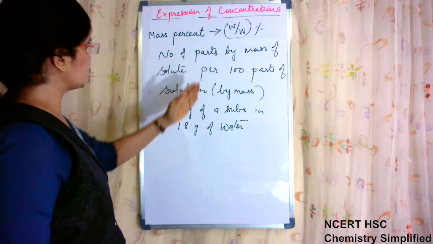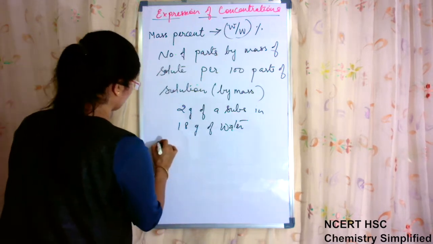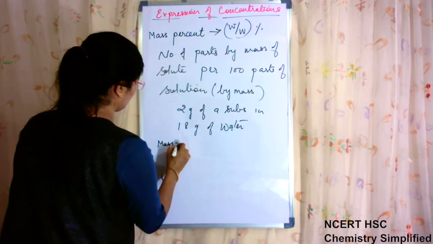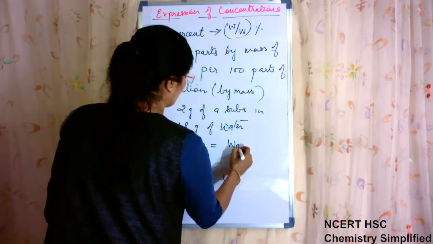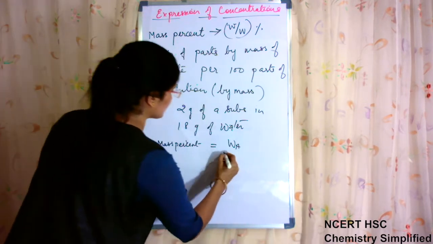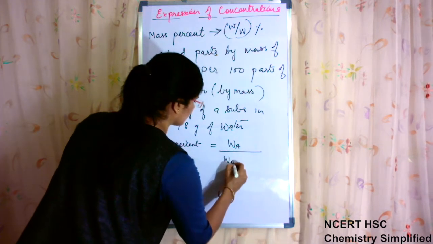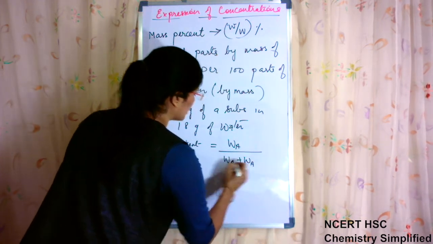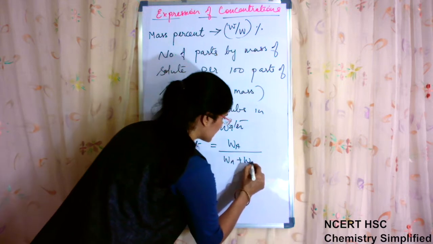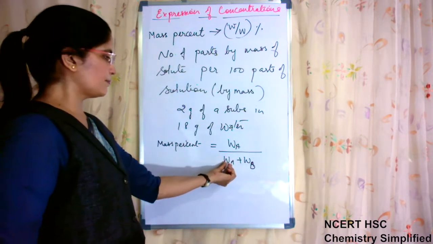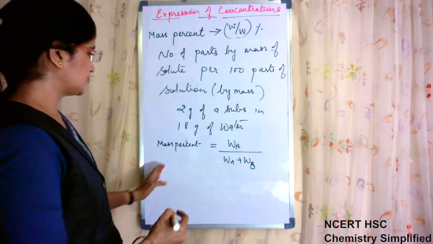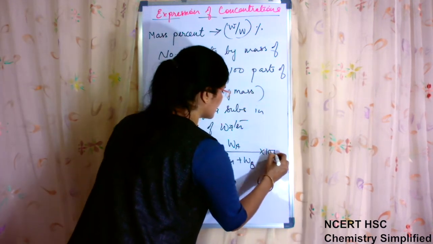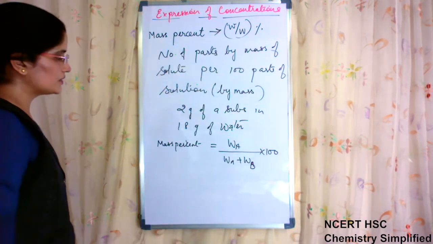Now according to it, mass percent, what we have to do: mass of one component divided by the total of the mass of the first component, the solute, and the mass of the solvent. That will give the mass, and because it is percent, it is multiplied by 100.